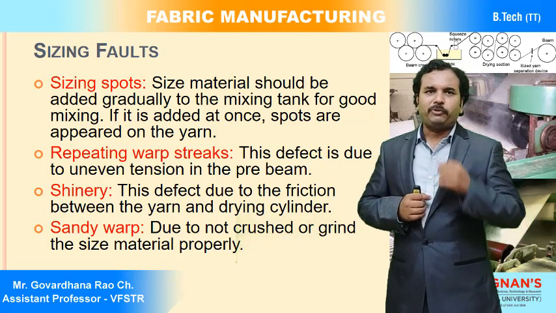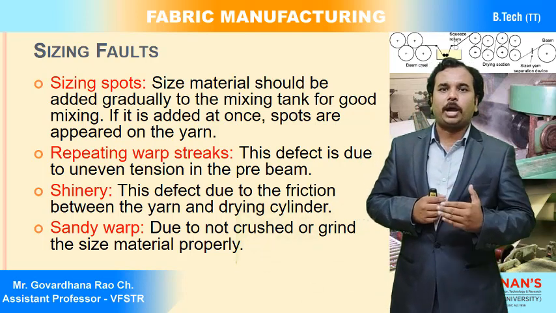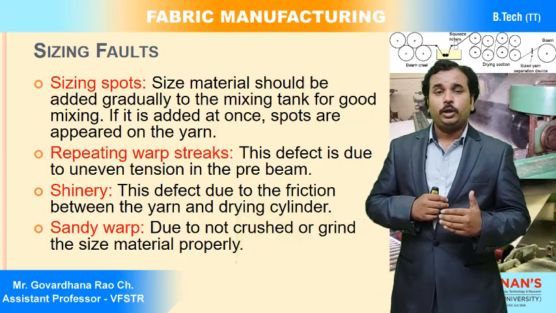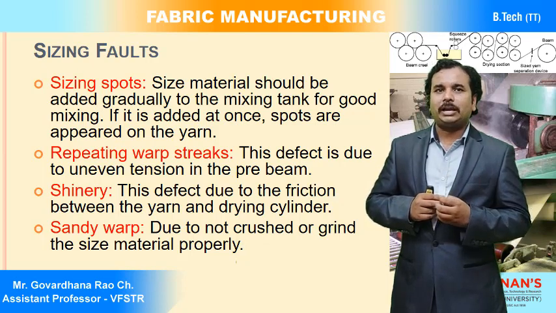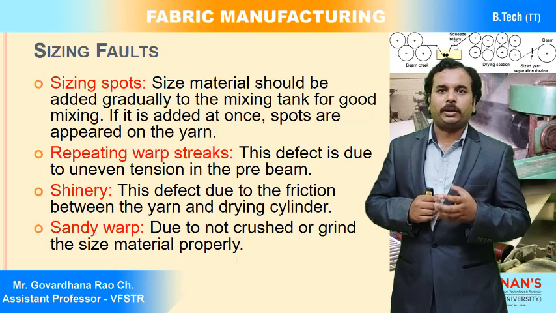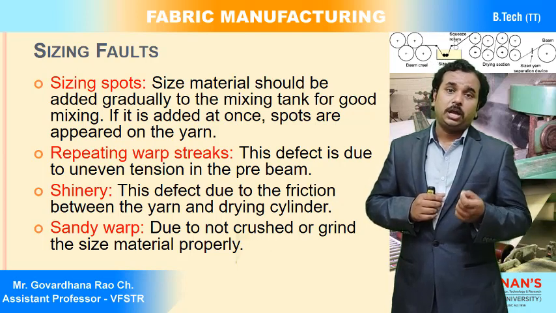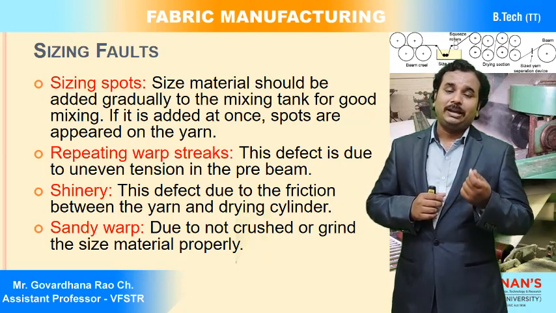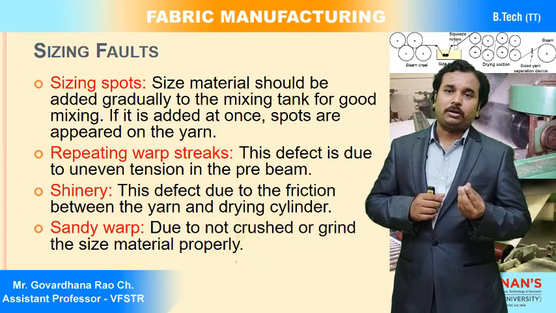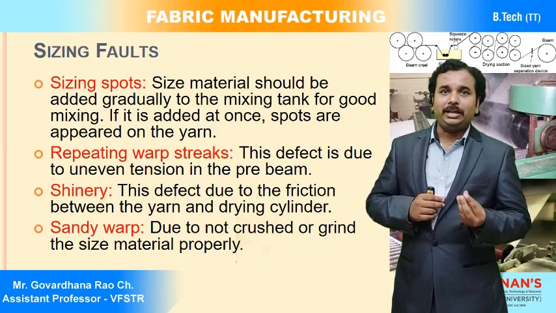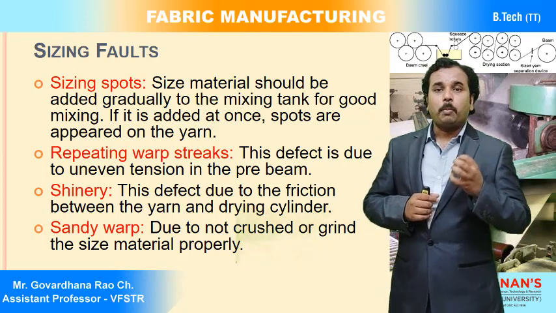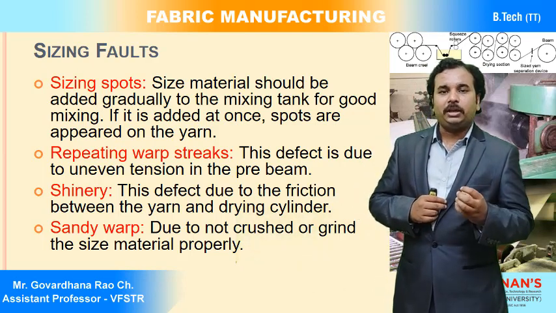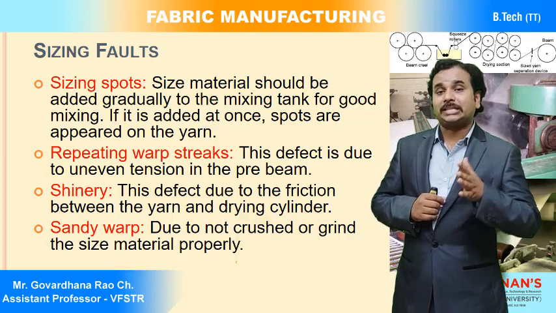Then the fourth one is sandy warp. It is due to not crushing or grinding the size material properly. If the size granules do not have the proper granule diameter, they will not be boiled perfectly within the time and temperature of the size cooking.